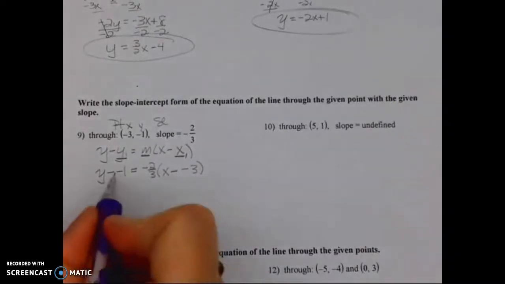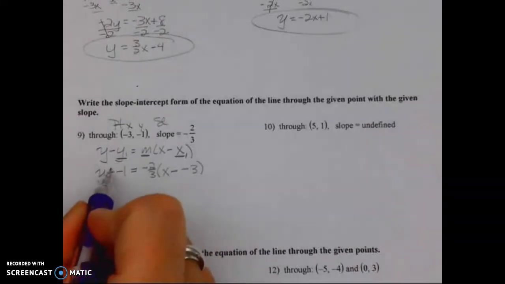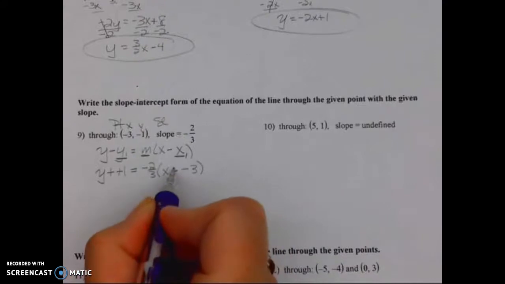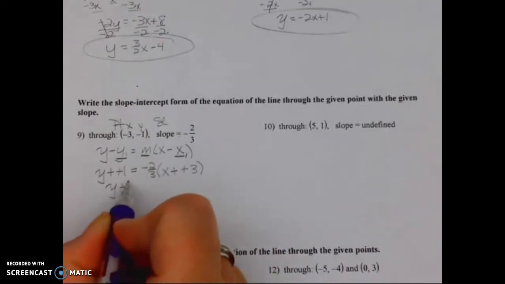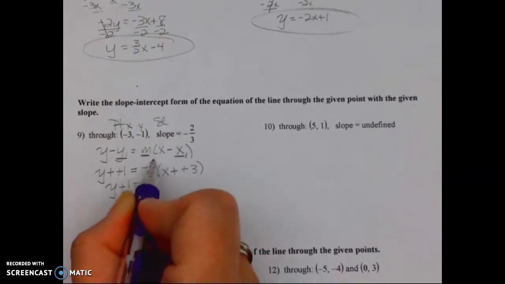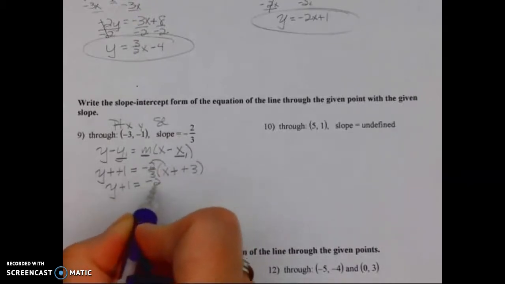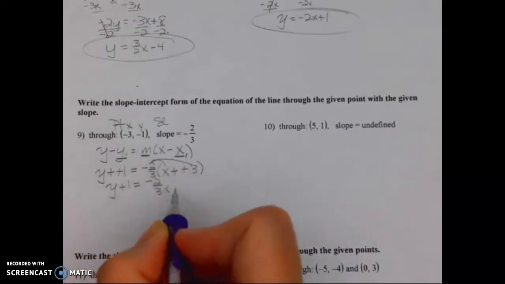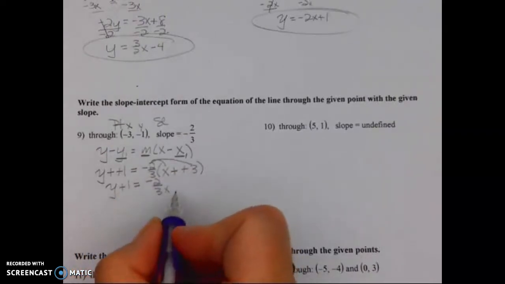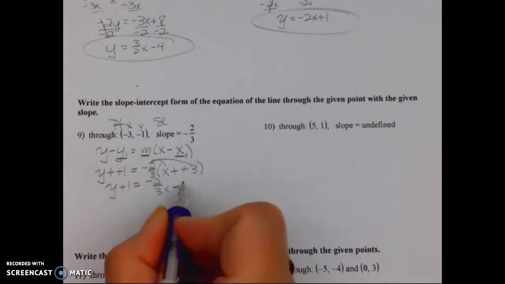Minus a negative means you have to add a positive. Same here. If you make that sound, it helps. Make the sound. I'll distribute. -2/3 times +3 is -2.